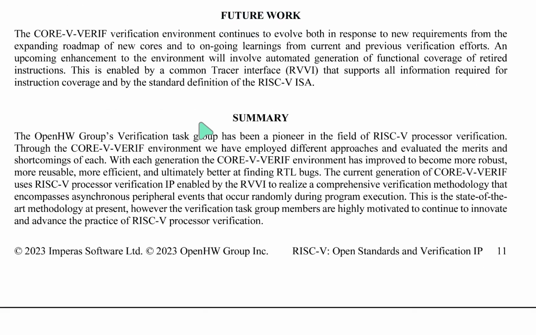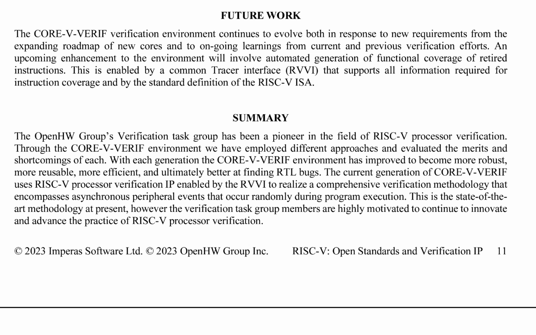Summary. The OpenHW Group Verification Task Group has been a pioneer in the field of RISC-V processor verification. Through the CORE-V-VERIF environment, we have employed different approaches and evaluated their merits, and found which are more usable, more efficient, and ultimately better at finding RTL bugs.